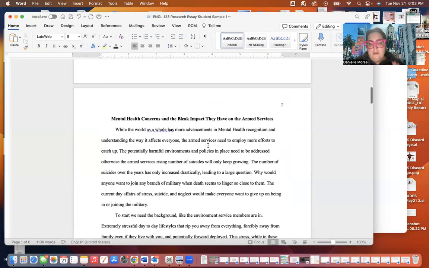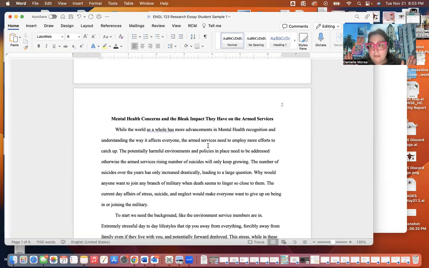So this particular paper is on mental health concerns and the bleak impact they have on armed services. It is an APA and an MLA rule that the title has to be reflective of the thesis. This is not necessary. This is better than your average title, but it's still an average title because it tells me what the paper is going to address, which is mental health concerns on the armed services.